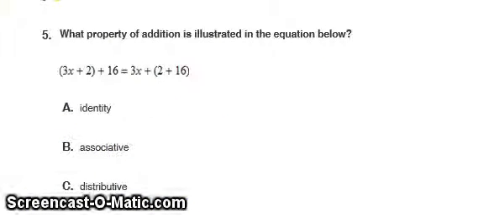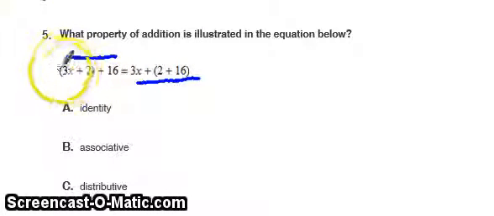So the 5th question says, what property of addition is illustrated in the equation below? So let's look at what it says. (3x + 2) + 16 = 3x + (2 + 16). So looking from this left side to the right side, I have 3x plus 2 in parentheses here.